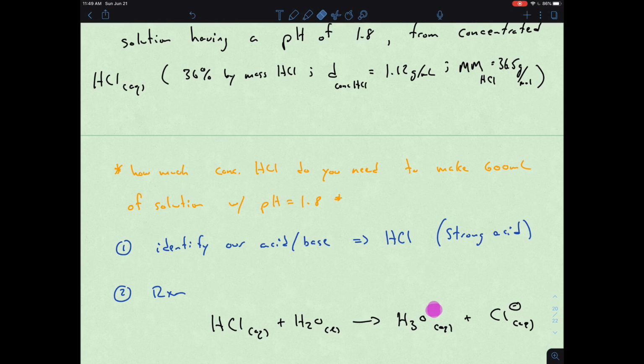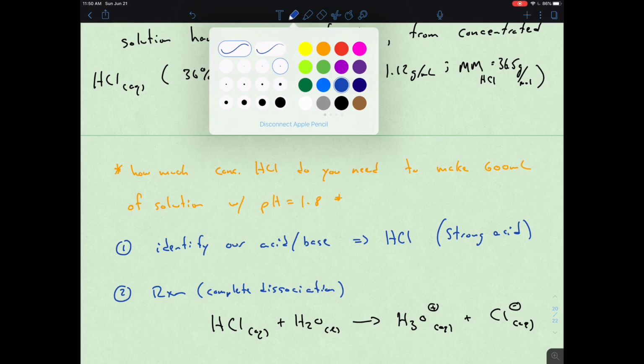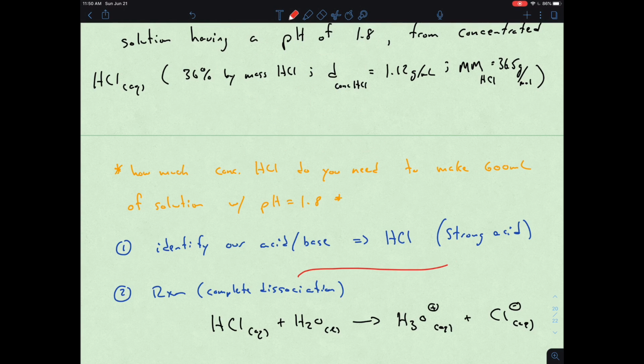And so that's that notion of complete dissociation. That's stemming from the identification that this is a strong acid, and as such it should have complete dissociation.